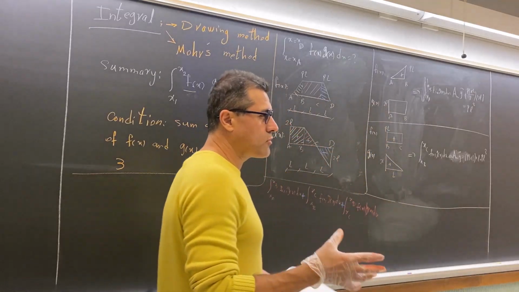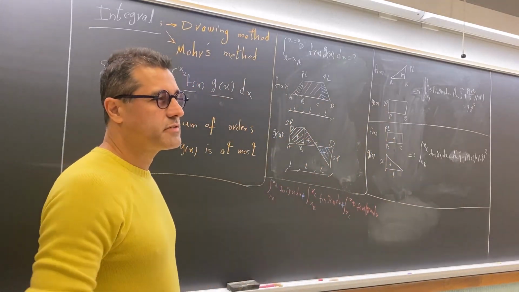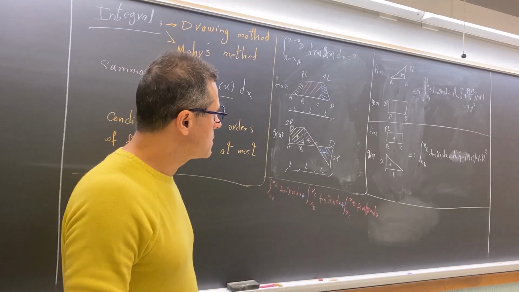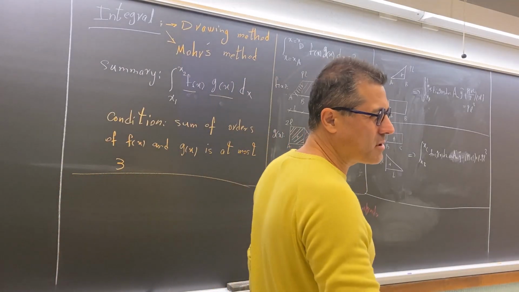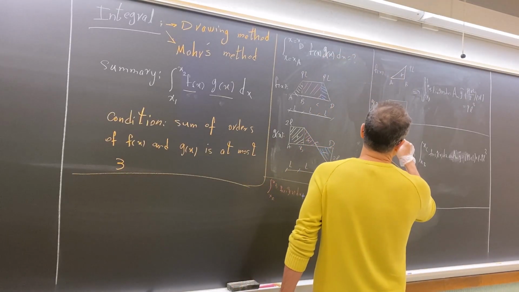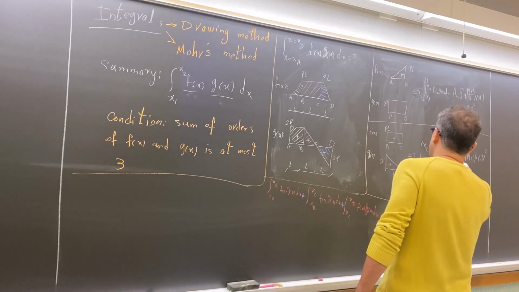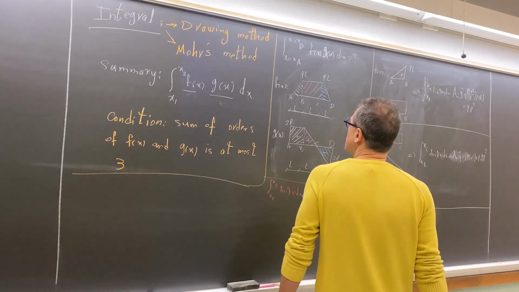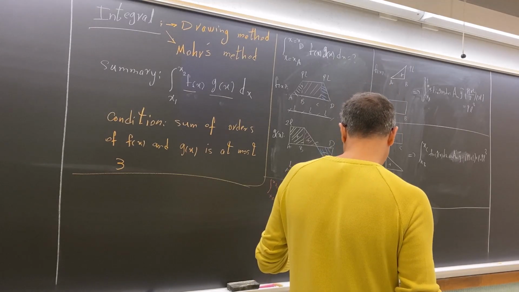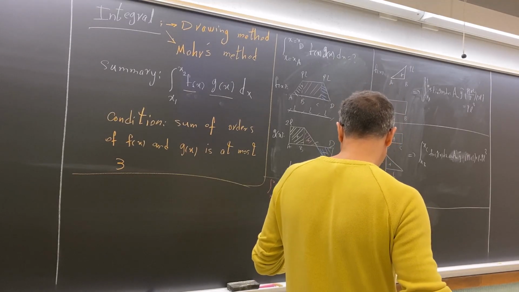I do not go through the calculation of area, etc., because I think you can do it. The reason I don't go through it is because it takes time, so we have to cover many things. But you know this is the area, PL times L, PL times L, this is L. And that's it.